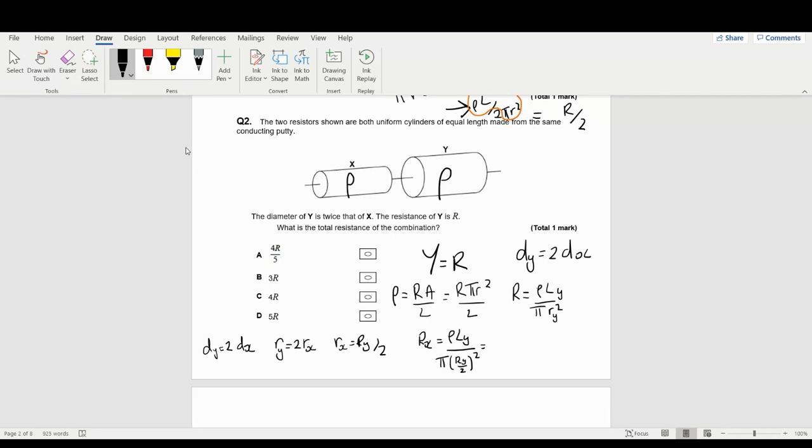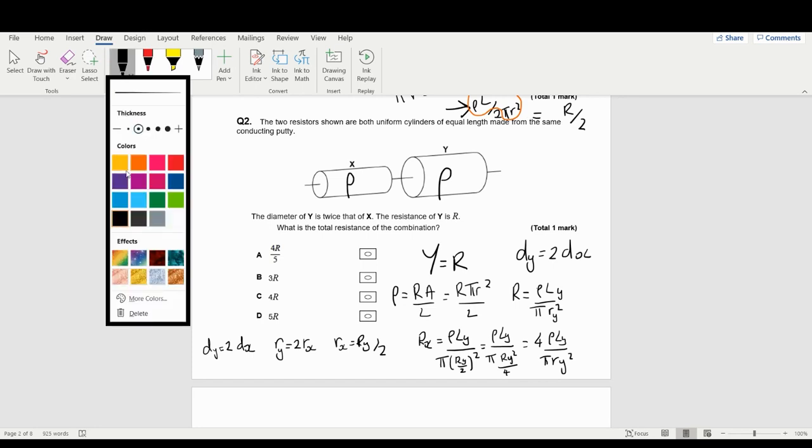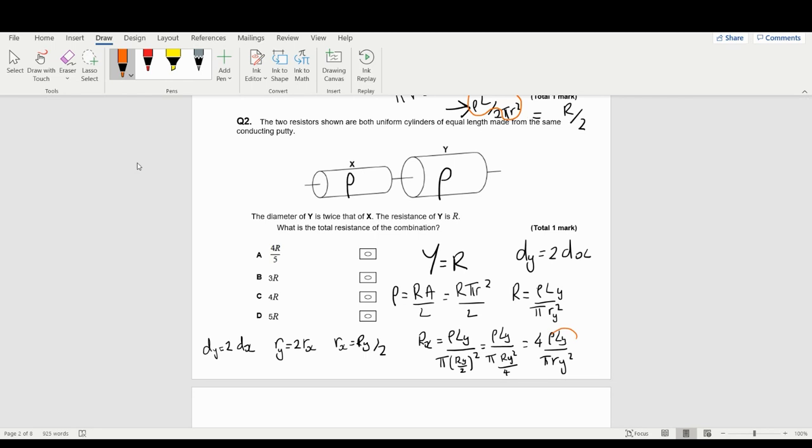So this would end up as rho Ly over pi Ry squared over 4, which of course would then be 4 rho Ly over pi Ry squared. And magically, this section here is R.